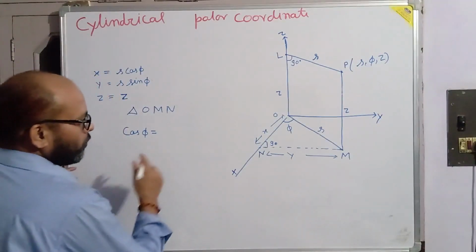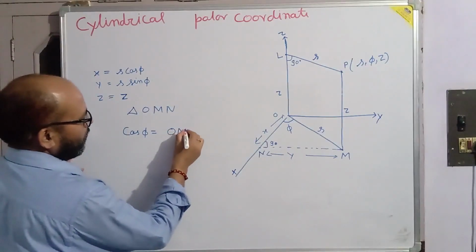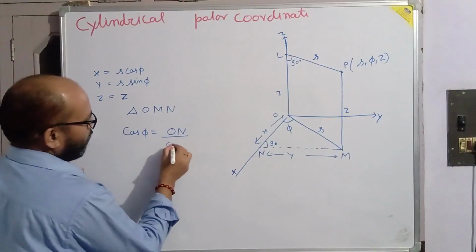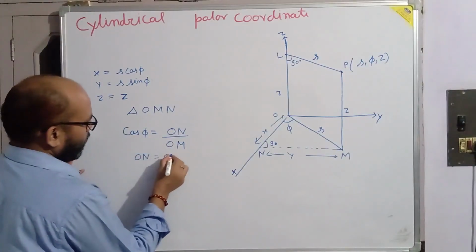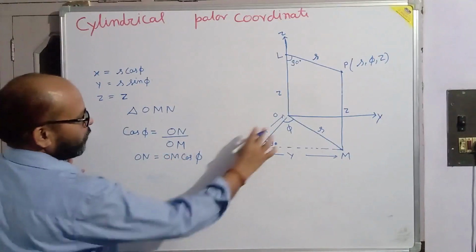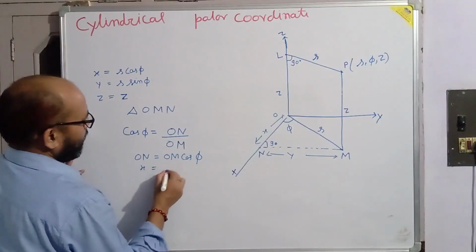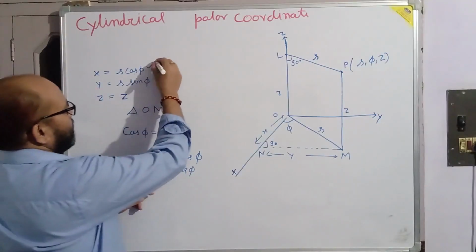Here the base equals ON, so ON upon OM. So ON equals OM cos phi. Here OM equals S, so ON, which is X, equals S cos phi.